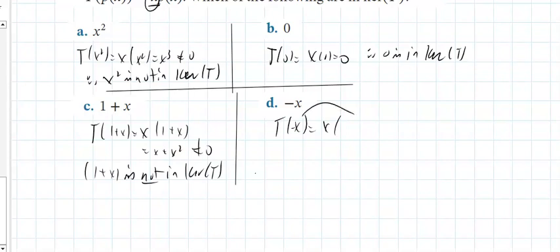It's always x times whatever that is, which is negative x squared, which could not equal 0. They're asking, is it in the kernel? If it is, it should automatically give 0. Therefore, negative x is not in the kernel of T.